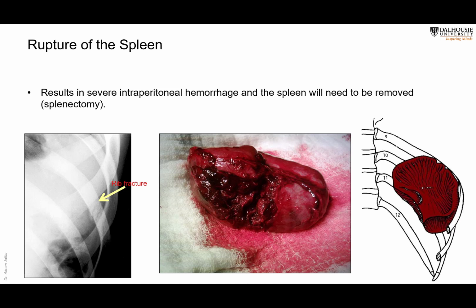Once it is injured, it cannot be sutured because it's so fragile, so it has to be removed, a splenectomy, and its function will be taken over either by the bone marrow or by the liver.